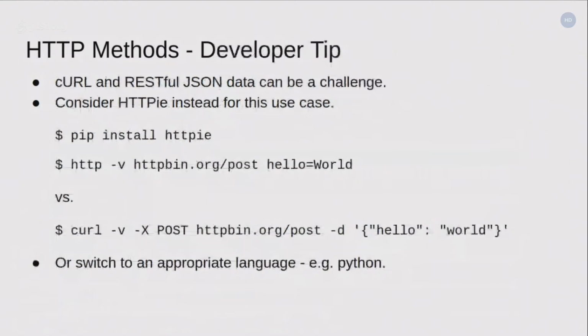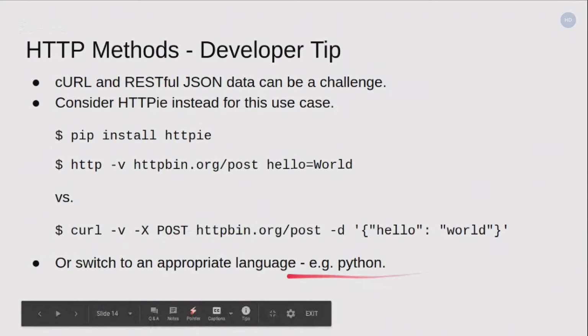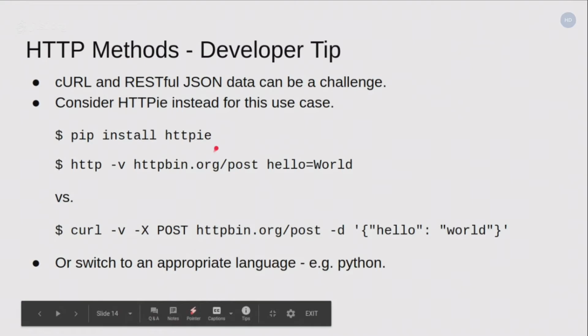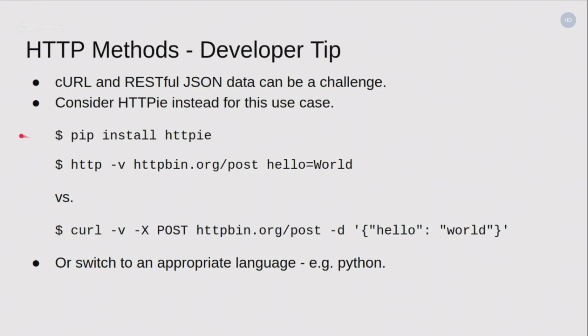One other thing I wanted to say with HTTP methods is that I found with curl, especially when you're starting to interact with it at an API level, it can get a bit challenging, especially when you get into JSON. So if you're getting into the world of scripting with curl, I would suggest you may want to look at this other tool, which under the covers is a Python tool, but you can interact with it at the command line level and at the bash level as a scripting tool.